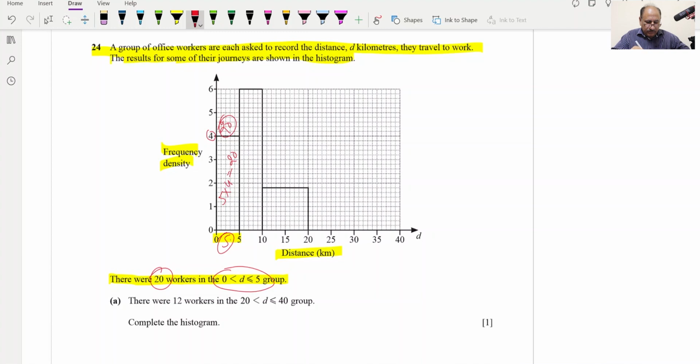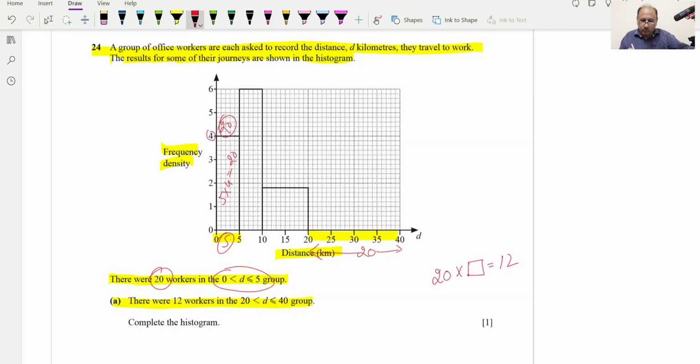And similarly we can check for this one. There were 12 workers in 20 to 40. So 20 to 40 is from here to this one, this range, and there are 12. So we'll have to check, like 20 multiplied by something is equal to 12.